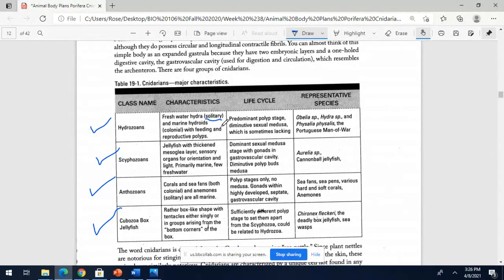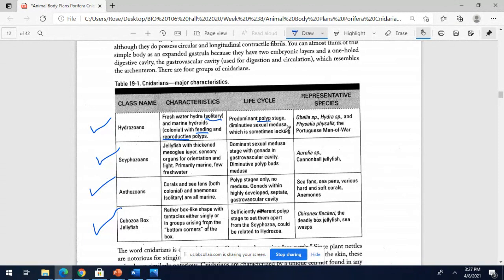And the thing is, they have feeding and reproductive polyps. So they have different kinds of polyps, but the predominant stage is the polyp stage. The medusal stage is a very, very short period of its life cycle, and that's where it's the sexual stage, all right?